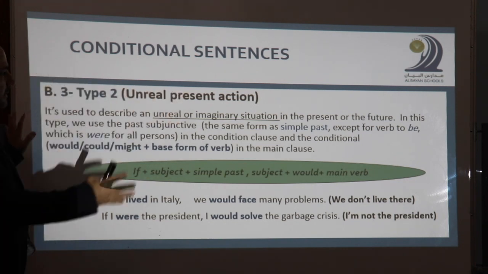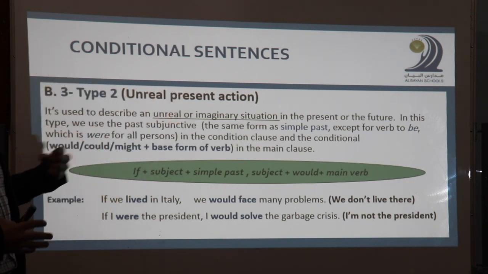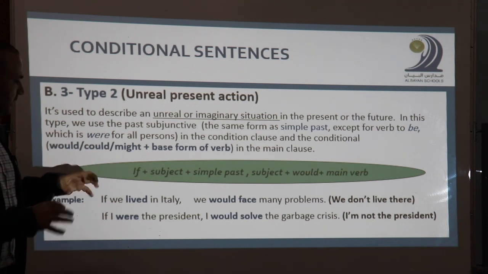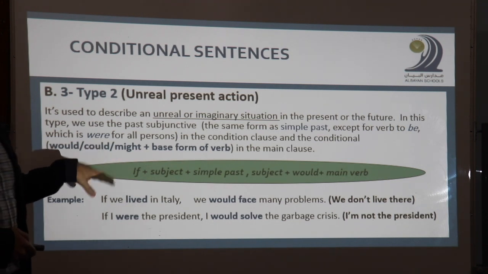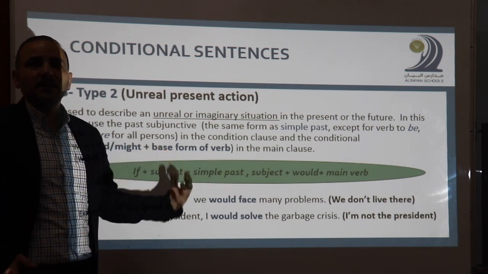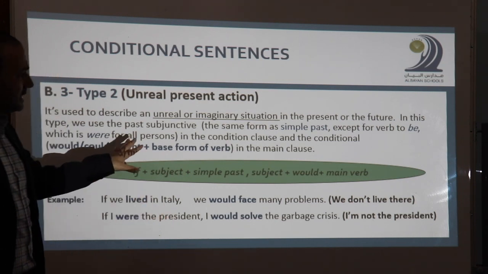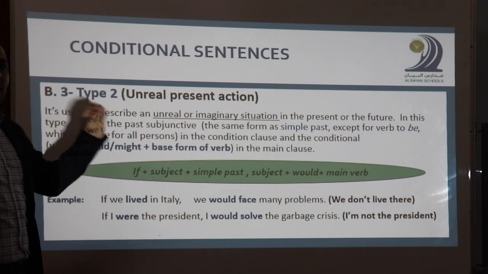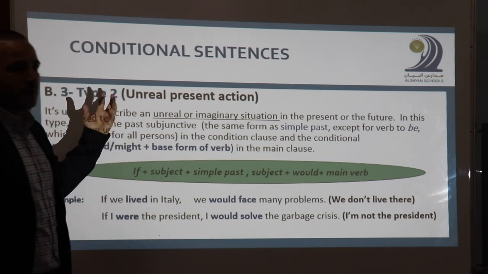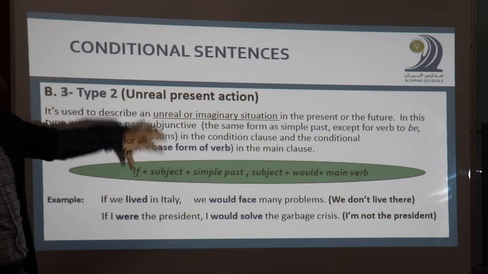We can put it in a table, but just here to come up with the explanation in this detailed way. Okay, that's really type 2. We will go through different examples later on, but just keep this here. Later on we'll see how we change a statement into a conditional sentence. We'll see how that statement can be changed into such a type.